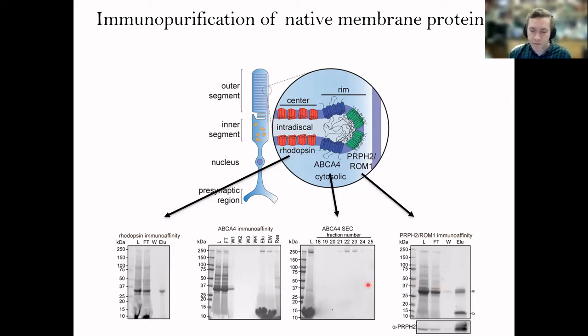These are all Coomassie gels, by the way. And then we also collaborated with the Steyert group in Belgium to screen their nanobody library that has been published for one that could bind and purify peripherin ROM together. And you can see here that we got a nice pure population of peripherin and ROM together, and the corresponding nanobody eluting with the protein.